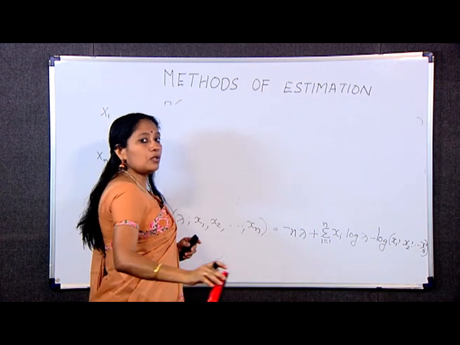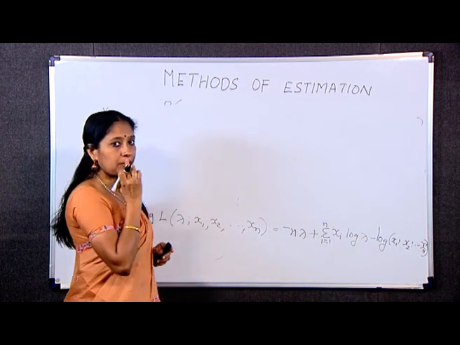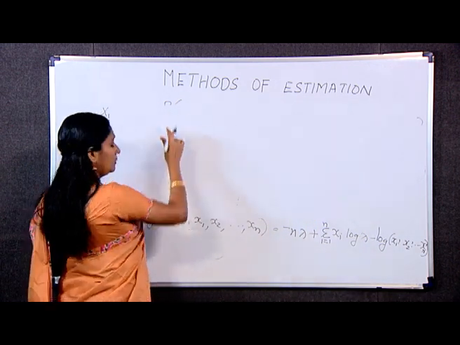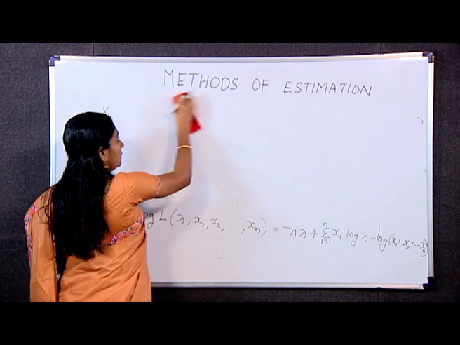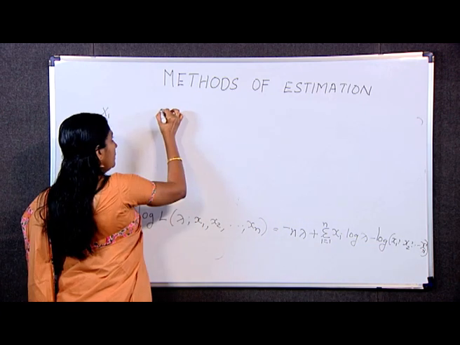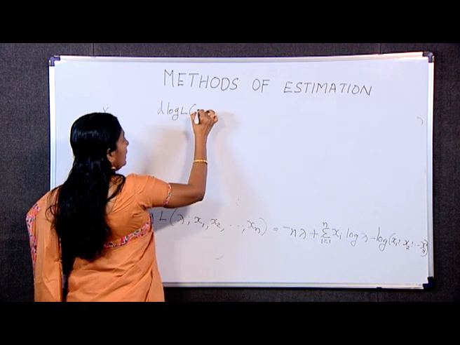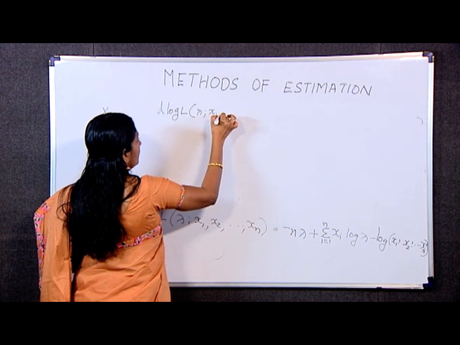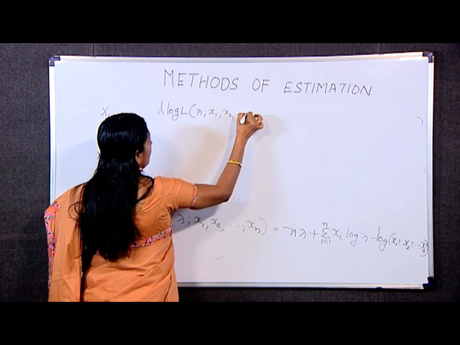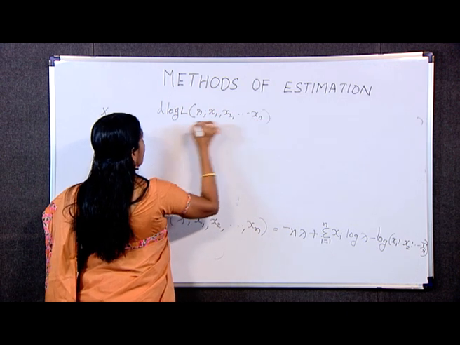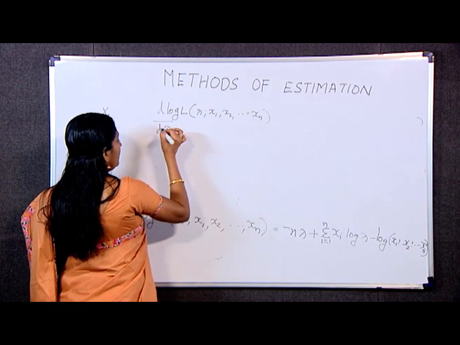Again, put the first order derivative with respect to lambda equal to 0. So, we have d log L of lambda given x1, x2, etc., xn by d lambda.